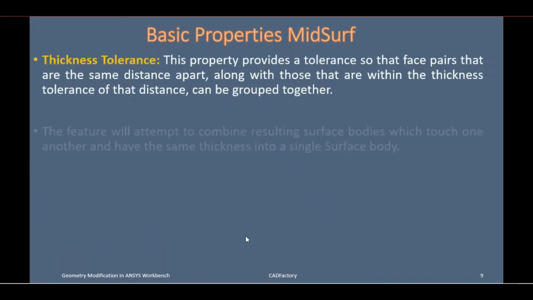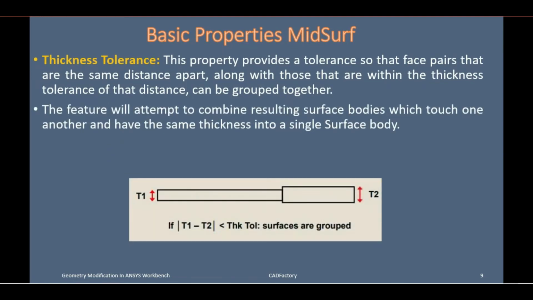After selection tolerance, you will find thickness tolerance. This property provides a tolerance so that face pairs that are the same distance apart, along with those that are within the thickness tolerance of that distance, can be grouped together. Here one example is given.